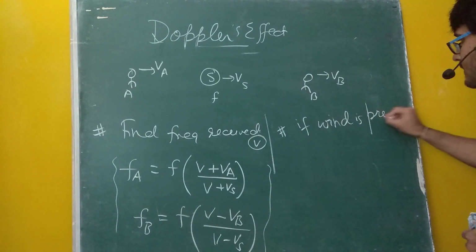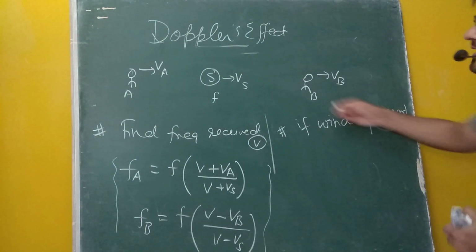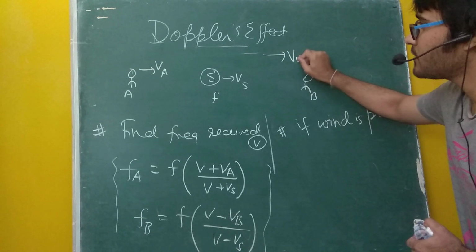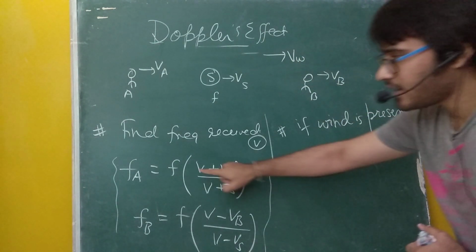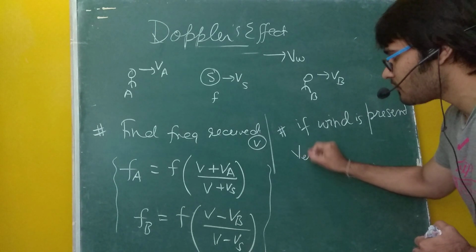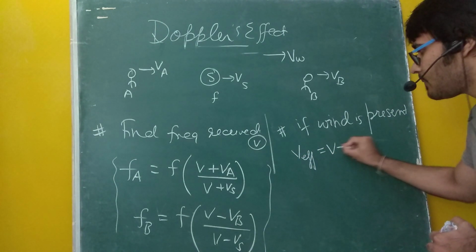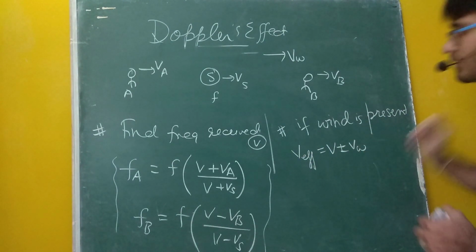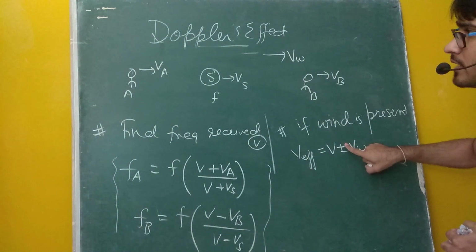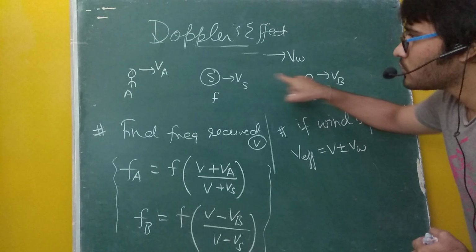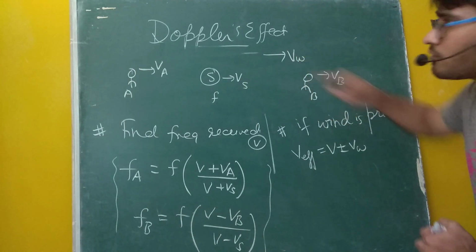So if wind is present, and let's say the direction of wind is in this direction, VW, then the V which we write in this expression will become V effective, and this will be V plus or minus VW. That is the only difference. Take the positive sign if the signal is in the direction of wind.